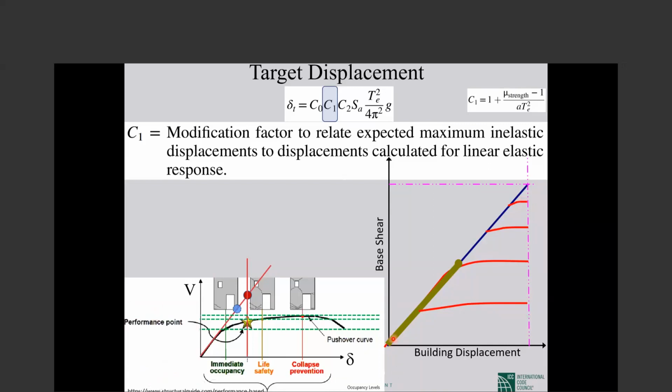If the building behaves elastic, and this is the maximum displacement under elastic behavior, if we reduce the strength of the building, what will be the maximum displacement of the reduced strength one? Because we use the R factor for the new buildings, and for the older buildings, the strength is not as much as the strength of the earthquake, so they will yield.